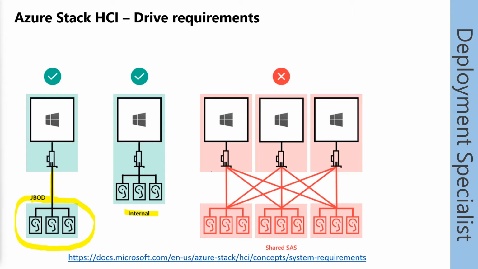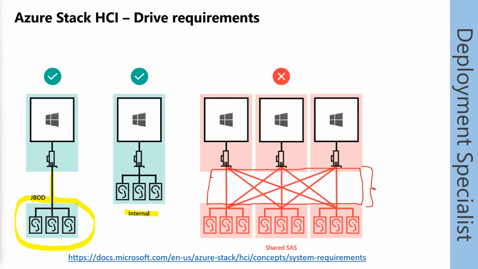Why do we show this to you? When you think about Windows Server 2012 and Windows Server 2012 R2, then this configuration was supported as a scale-out file server cluster with external JBODs.